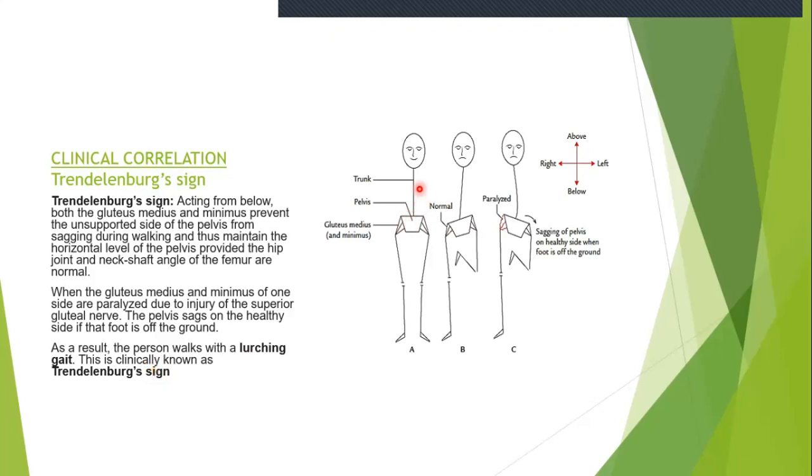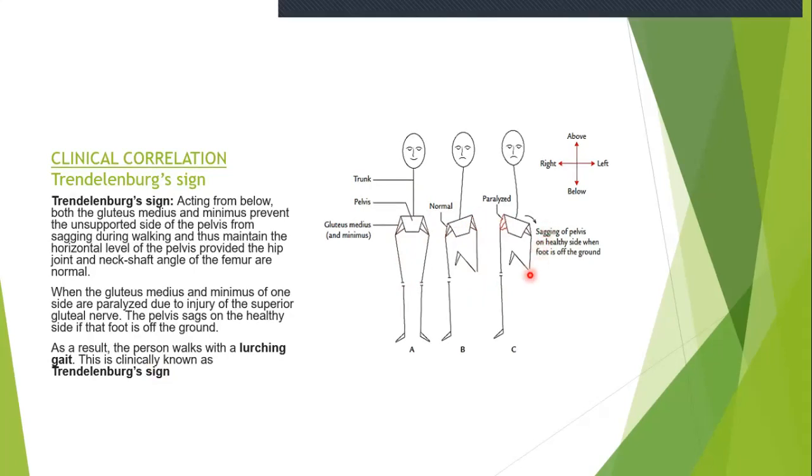Now, can you look at this guy? These are his lower limbs. Now, this is a normal person. When you lift this leg when walking, this side is unsupported. So the contralateral hip abductors, the gluteus minimus and medius, contract to prevent sagging on this side. Now imagine that side is paralyzed.